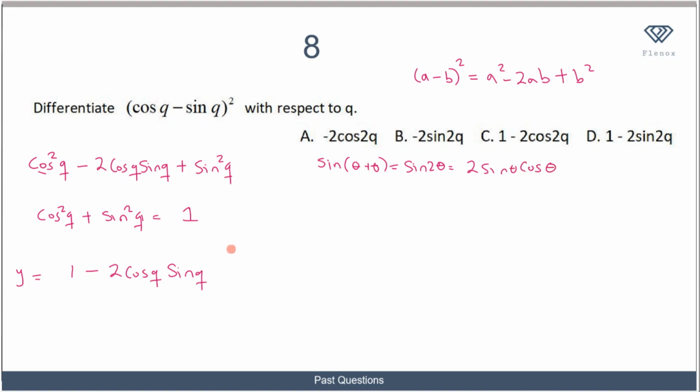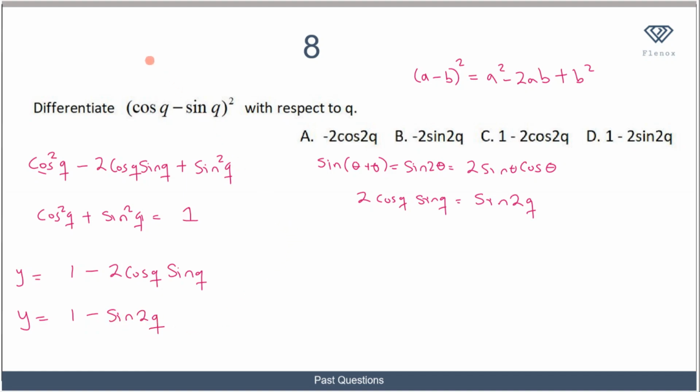So similarly, I can write 2 cos q sin q as the same thing as sin 2q. So I can substitute that into this expression. So I have y is equal to 1 minus sin 2q.